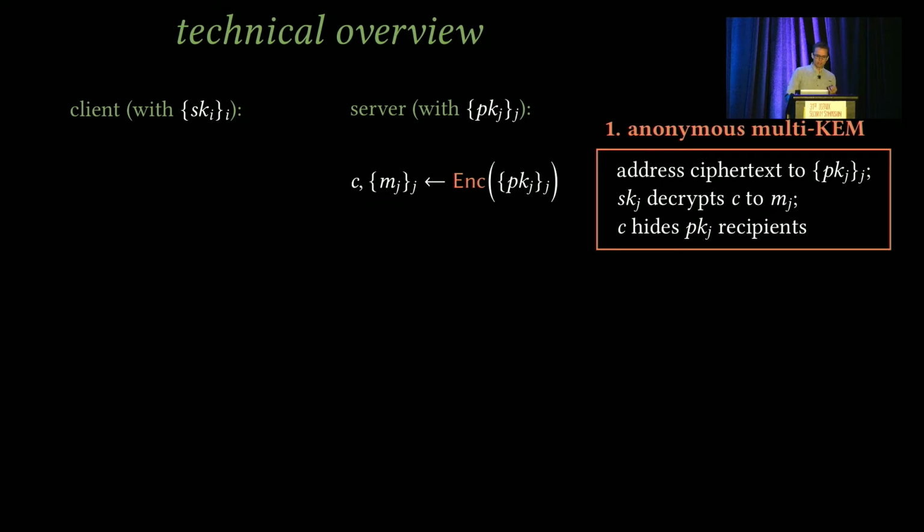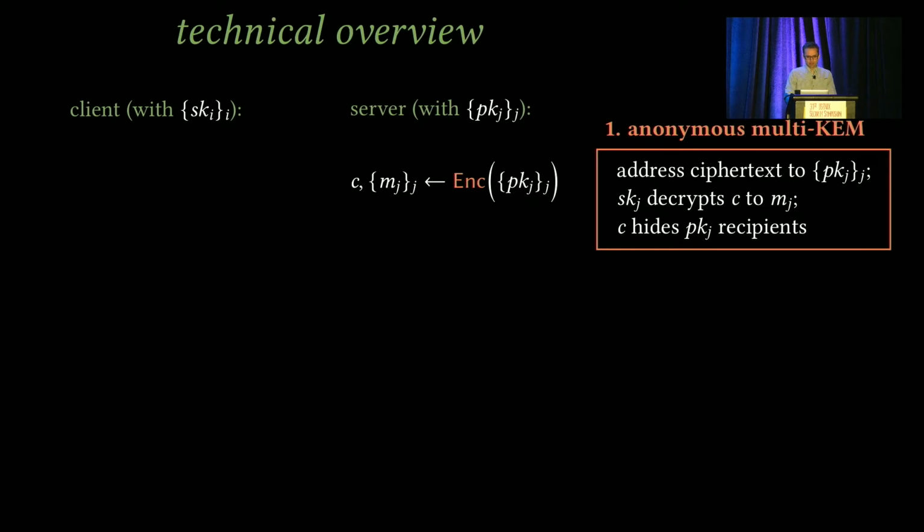So the server is going to generate a ciphertext C that's addressed to a set of recipient public keys. Okay? And the different secret keys will decrypt this ciphertext to different plaintexts. So when the server generates the ciphertext, it knows that public key number 1 is going to decrypt this ciphertext to plaintext number 1. So those are these m_j values that the server learns.